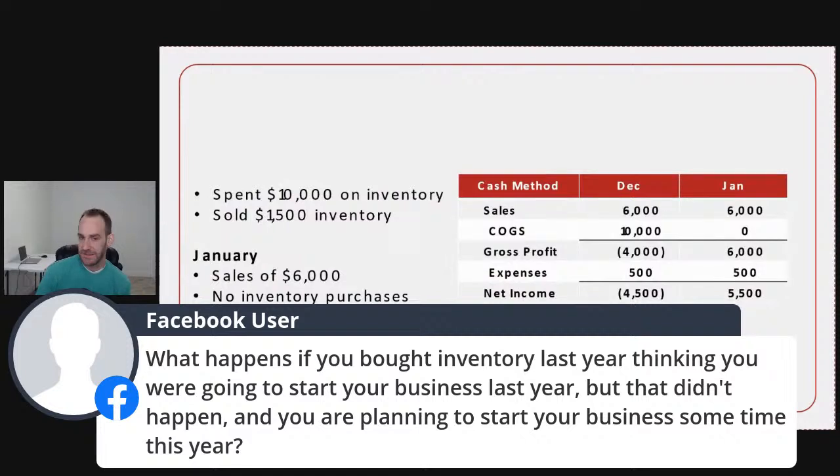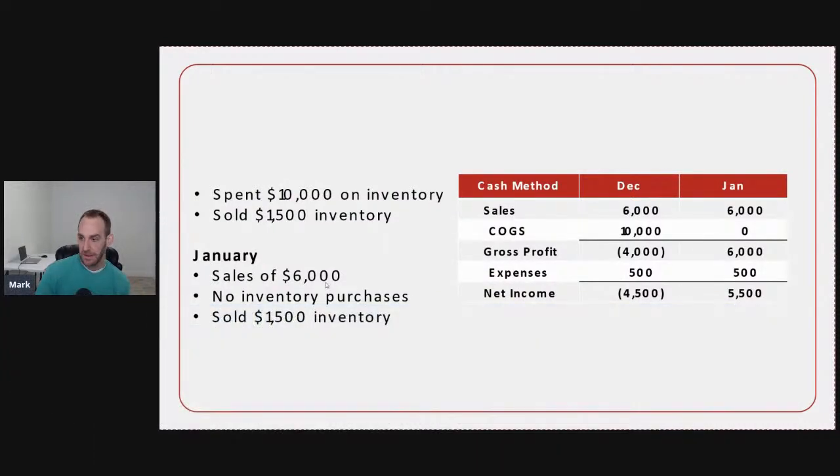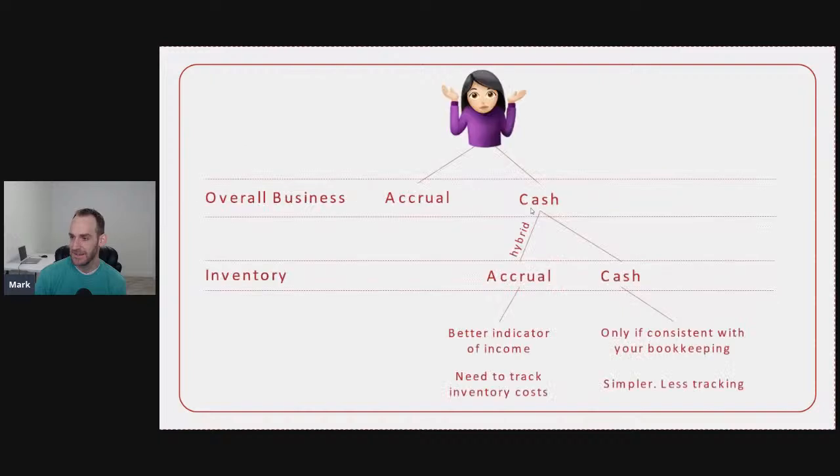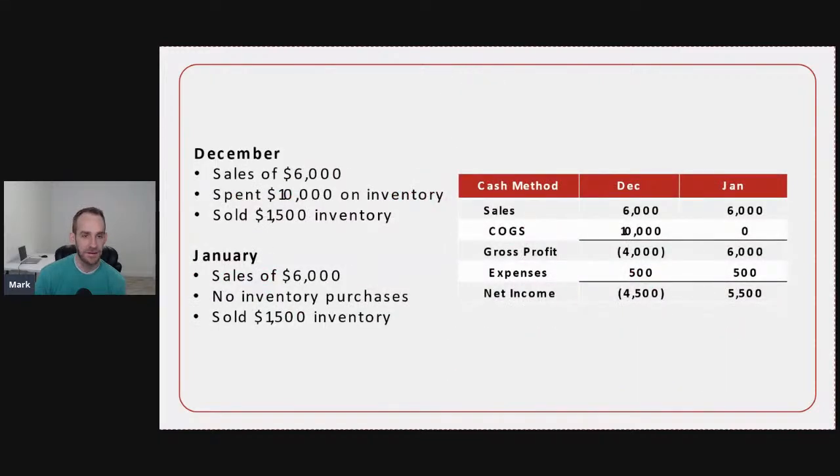Okay, so let's do this example. You spent $10,000 on inventory. Oh, I think this is populating incorrectly. Oh yeah, so these two columns. So this first column, just try and look at this by itself. So you had sales of 6,000. Sorry.